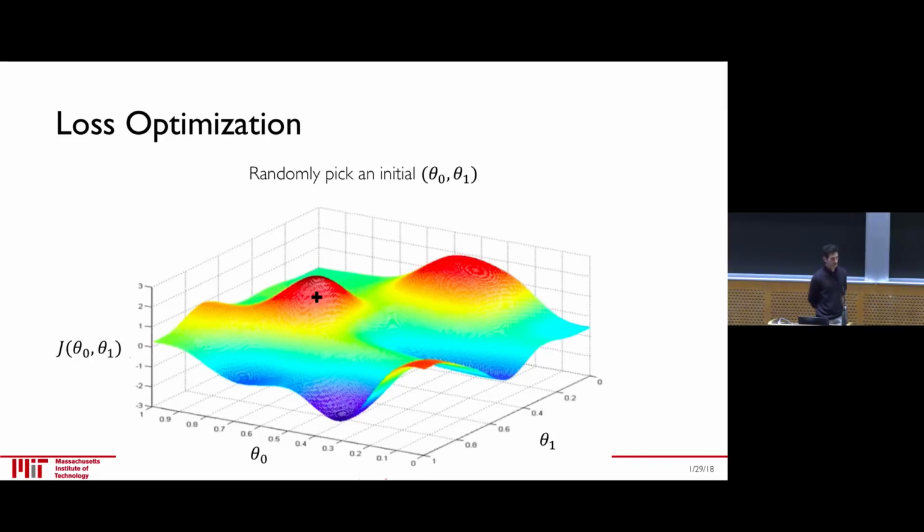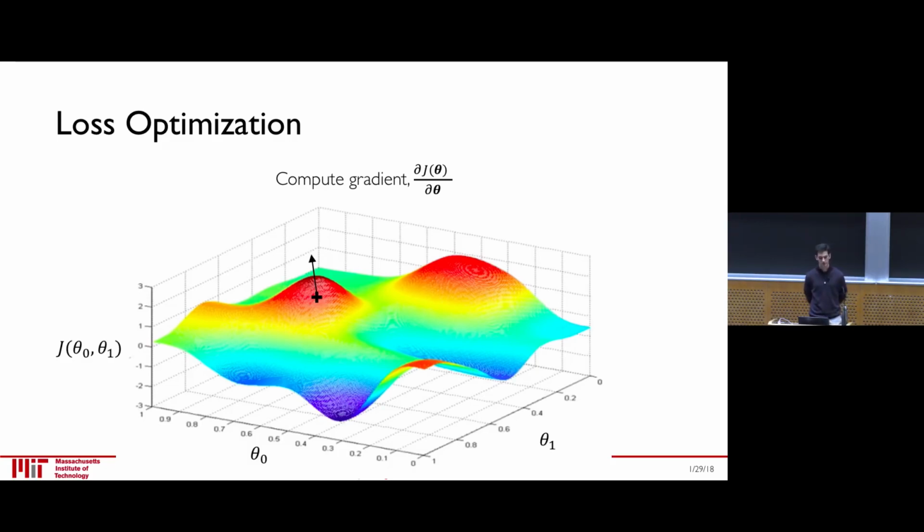So how do we do this? Well, we start with a random guess. We pick a point, theta 0, theta 1, and we start there. We compute the gradient of this point on the loss landscape. That's dJ d theta. It's how the loss is changing with respect to each of the weights. Now, this gradient tells us the direction of highest ascent, not descent.